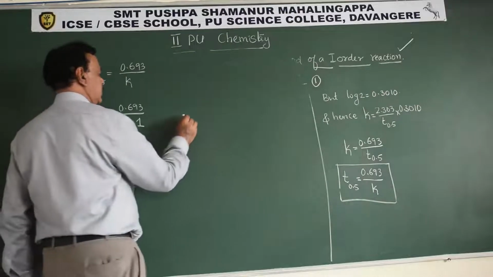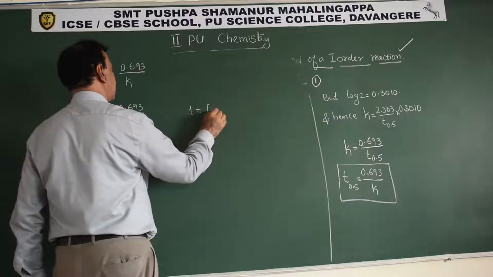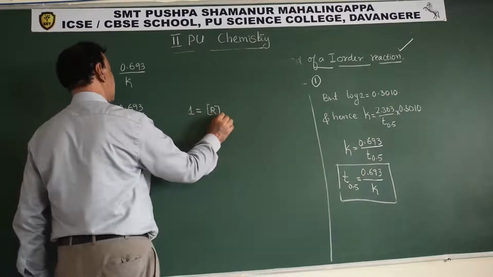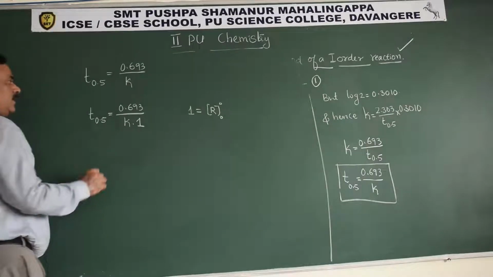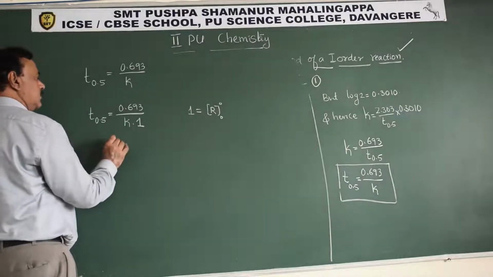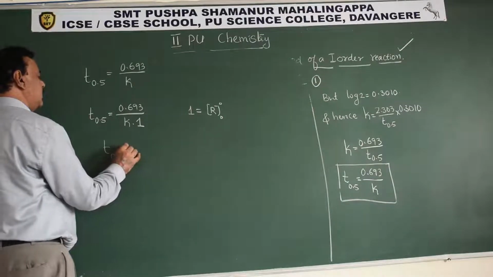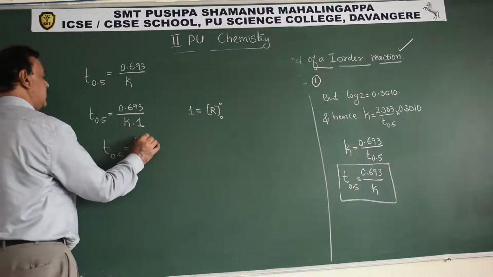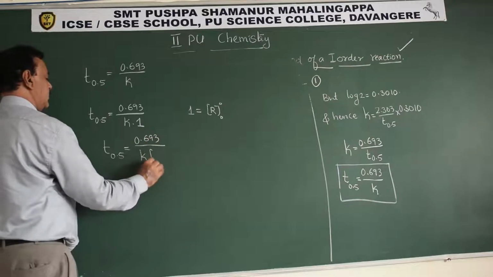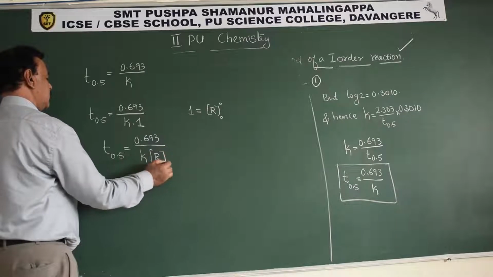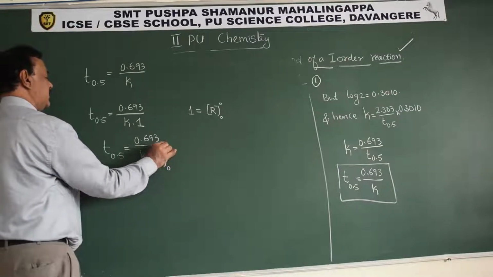You know that 1 can be rewritten as R naught to the power of 0. Therefore, T half is equal to 0.693 divided by K into R naught, the initial concentration, to the power 0.